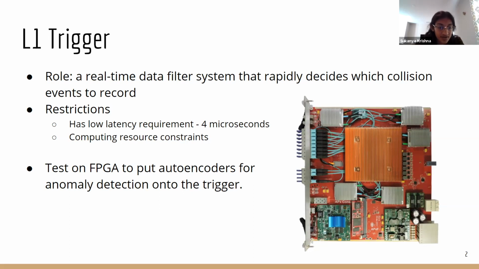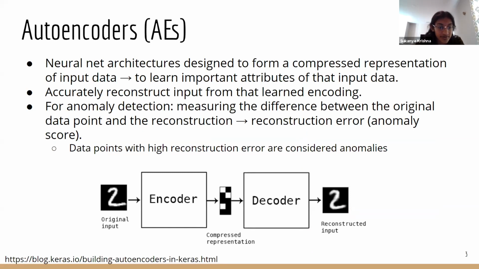For this reason, we want to put anomaly detection autoencoders onto the trigger and run tests of those algorithms on FPGAs, which are circuits that can be programmed to perform various computational tasks. So what are autoencoders? Autoencoders are structures that are composed of an encoder and decoder that are each a neural network trained to accurately map a set of input data, in this case, representing known physics, down to a compressed latent representation in order to encode the most significant details found within the data set, and then reverse those encodings to their original form.